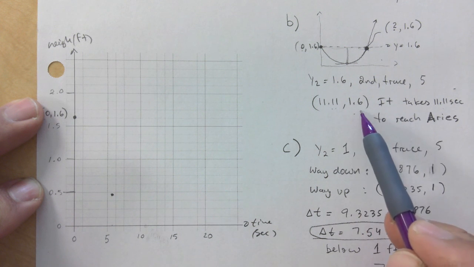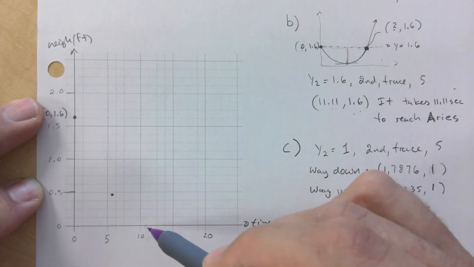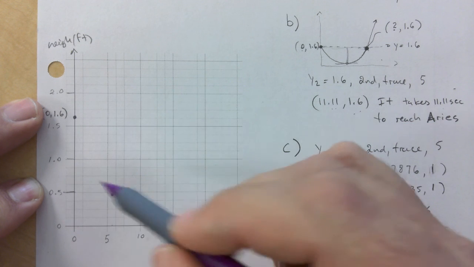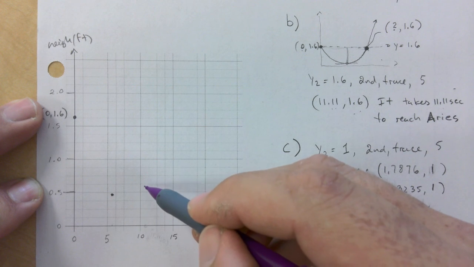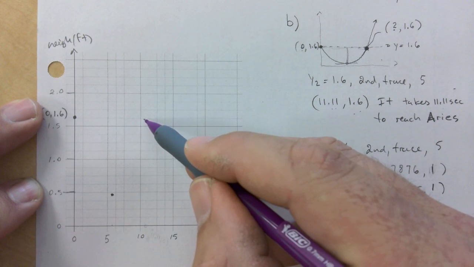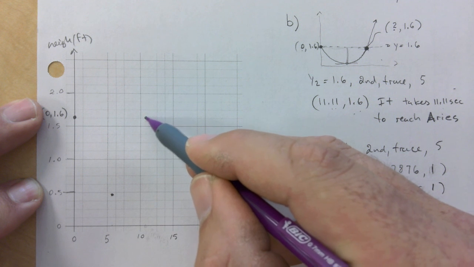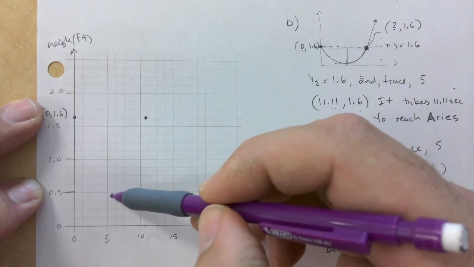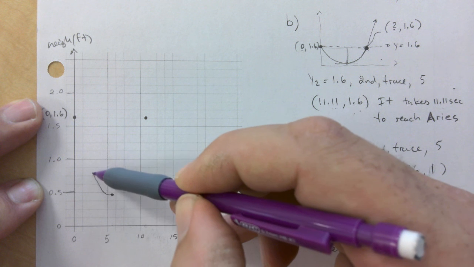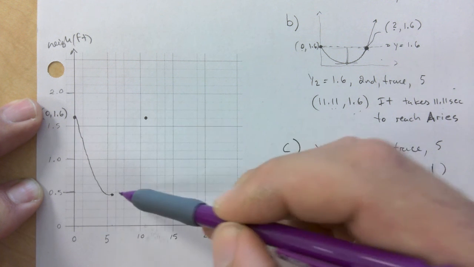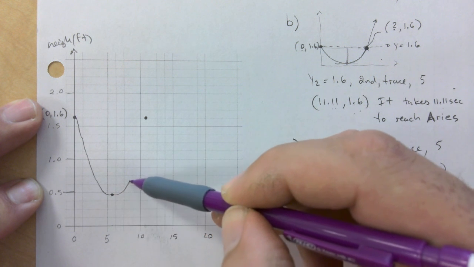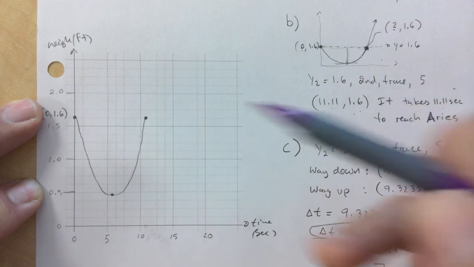11.11 is at 1.6, right? Because I'm thinking, why is there a point here? My curve is supposed to go back up, right? 11.11, 1.6, so I should be right back where I started, right here. Now we're talking, right? So out and up, and then out and up there.